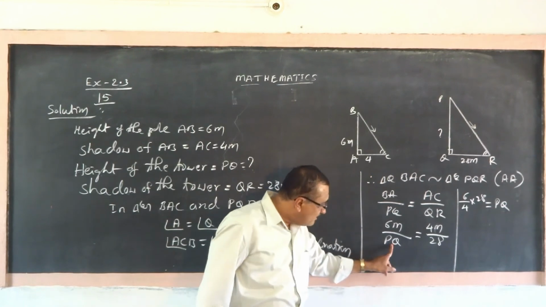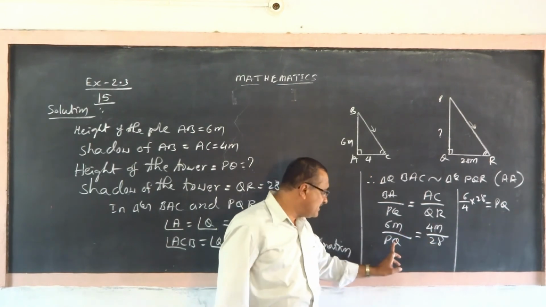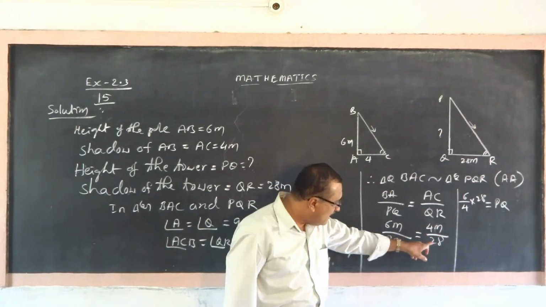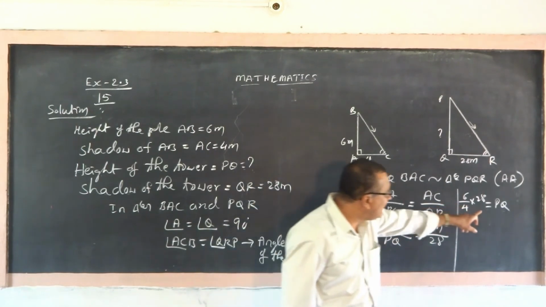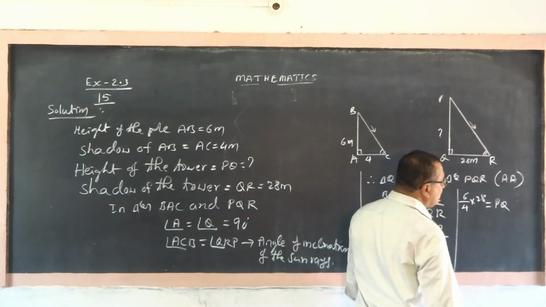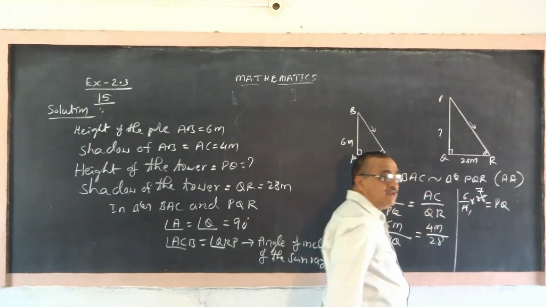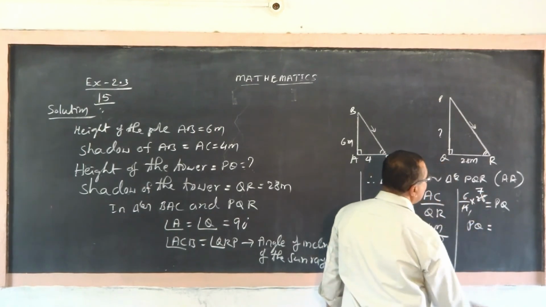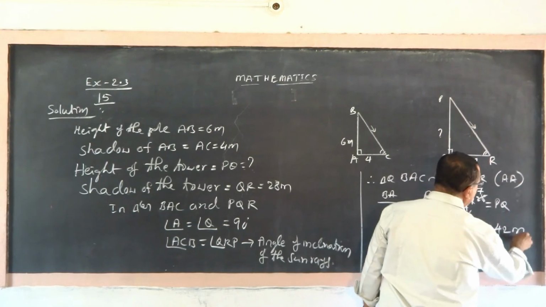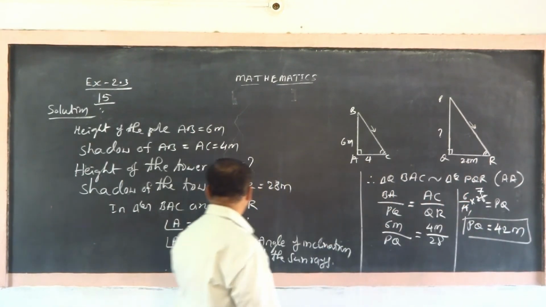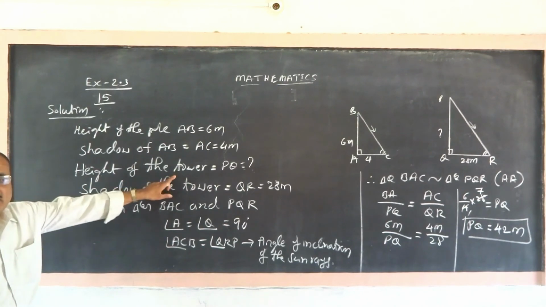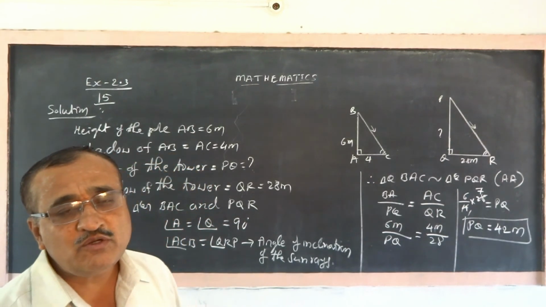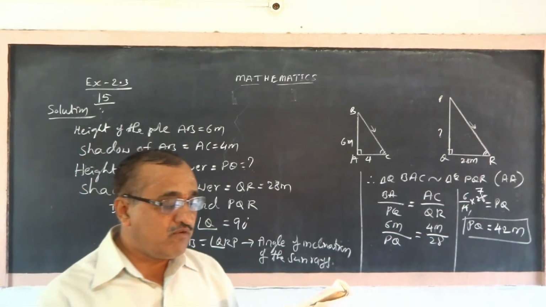Now multiply 28: 4 7s are 28, then 7 6s are 42. PQ equals 42 meters. What is PQ? PQ is the height of the tower. Lastly, the height of the tower is 42 meters. In that way, you require to solve it.